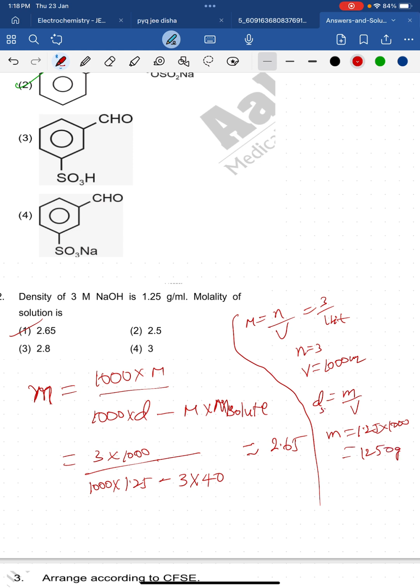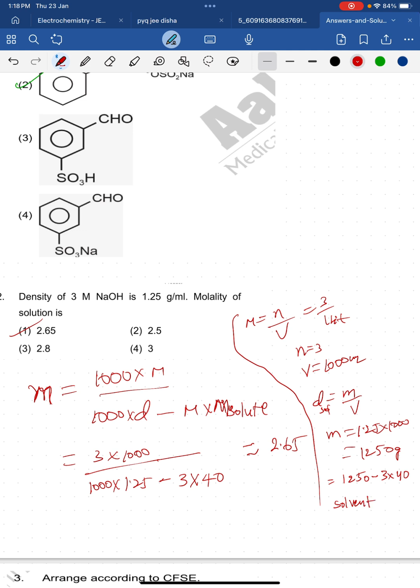It is the solution only in the density. Once you have the solution weight, I can get the solvent mass. Solvent mass equals solution mass minus solute, where solute is 3 into the NaOH mass 40. By subtracting, we get the solvent mass.